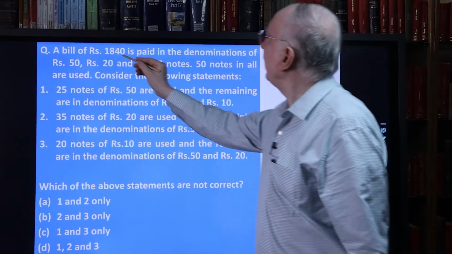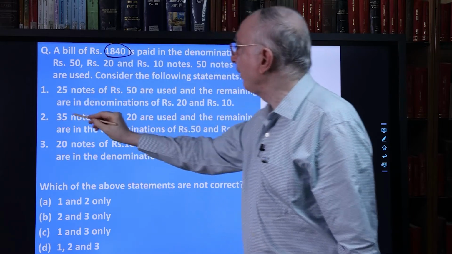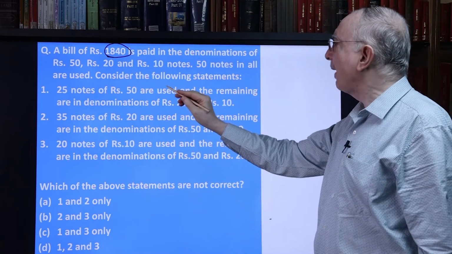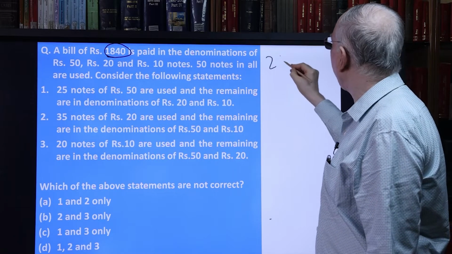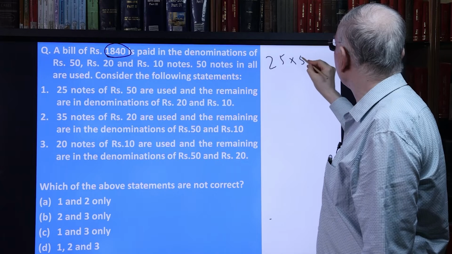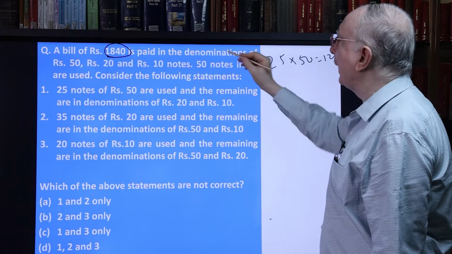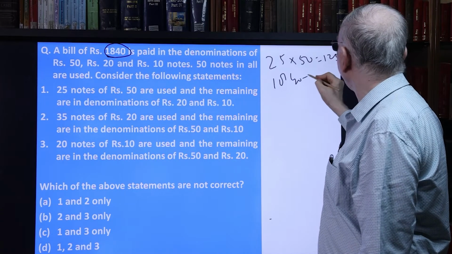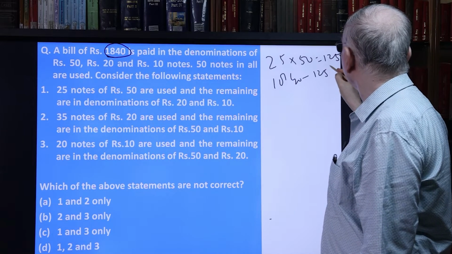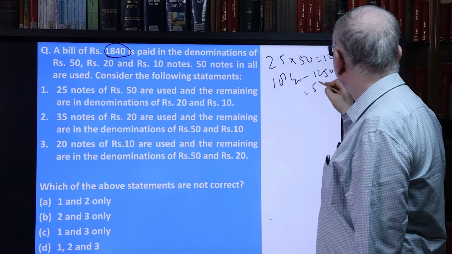Here we have to examine this amount 1840 with reference to statement 1, 2 and 3. Now 25 notes of 50 are there. So if we multiply 25 into 50, it will give us 1250 and the total amount is 1840. If we subtract this, we get 590.